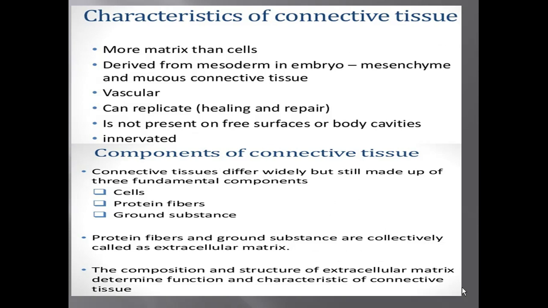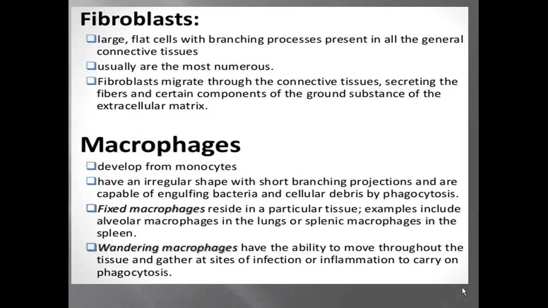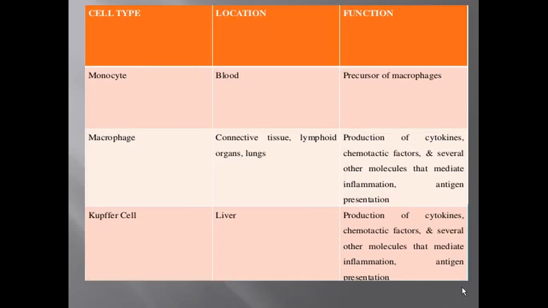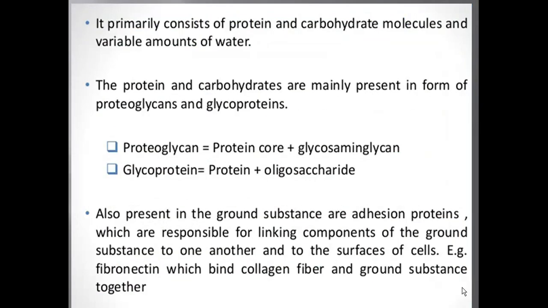If I ask what the term extracellular matrix means, you need to explain that it is protein, fibers, and ground substance. You must mention this equation, which is very important, because when I say protein, that means protein and carbohydrates. So give me this equation.